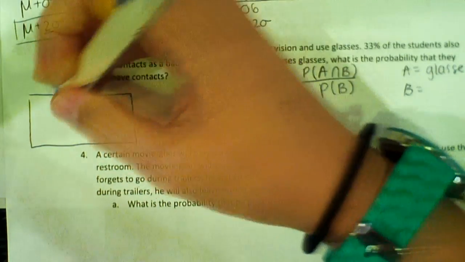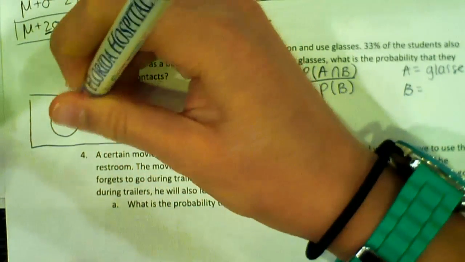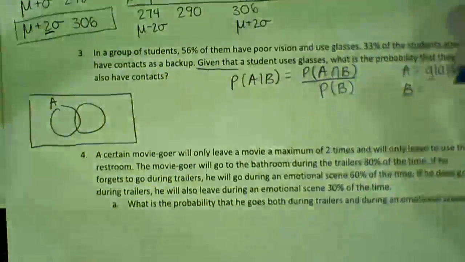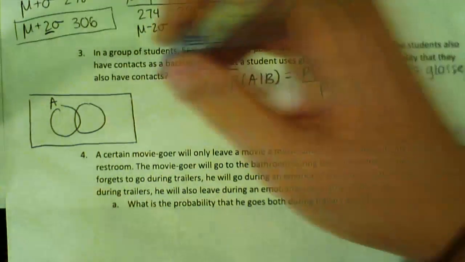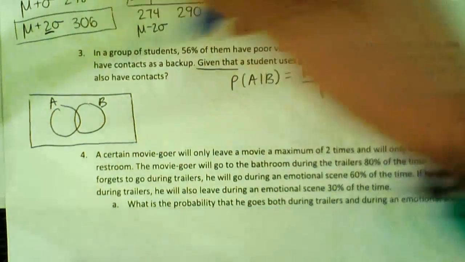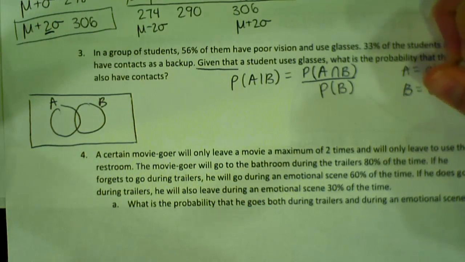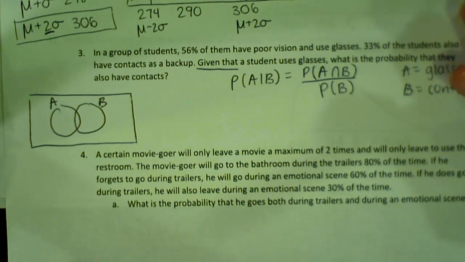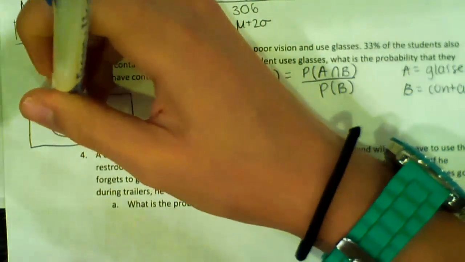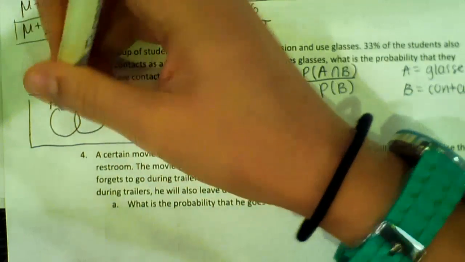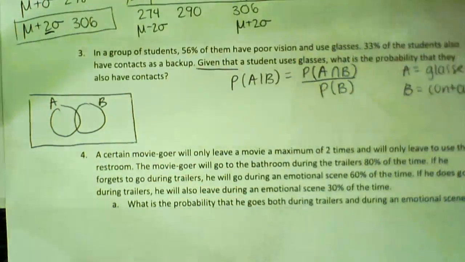So we said event A is that they wear glasses. What if we said event B was that they wear contacts? So what would be the intersect then?